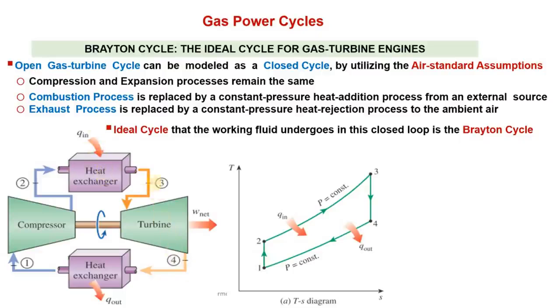Then 3 to 4 inside a turbine, there is expansion of gas, and the expansion process can be shown by a vertical line, again isentropic expansion. Then 4 to 1 there is heat rejection. During heat rejection heat is transferred, so entropy cannot remain constant, entropy actually drops but at constant pressure.